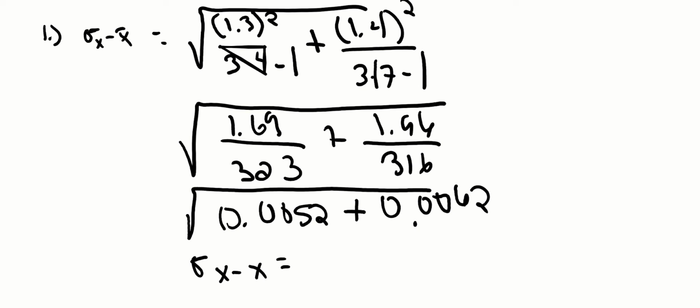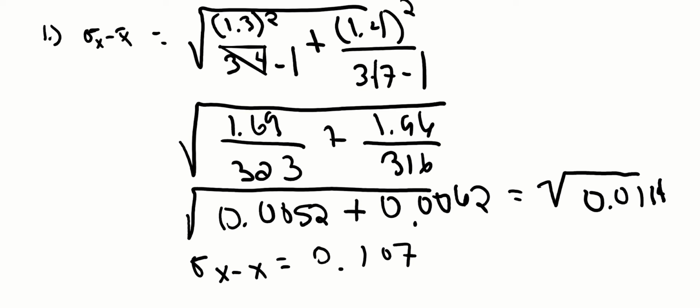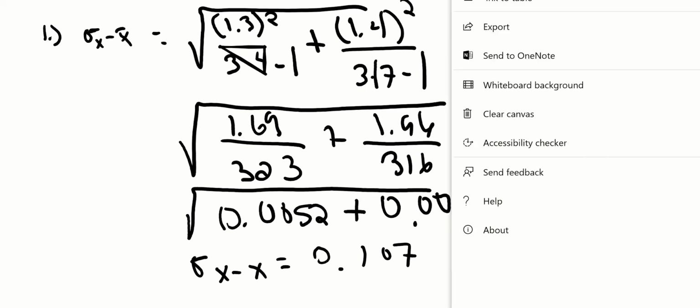After we add these together, we get 0.0114. We'll use our calculators to take the square root of that, and we get 0.107. So we got 0.107 for our pooled standard error.